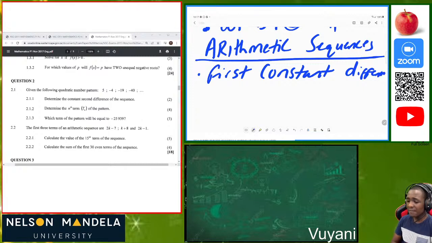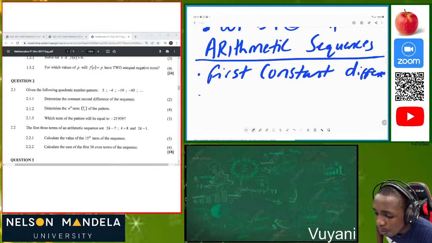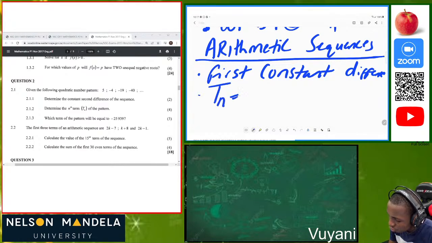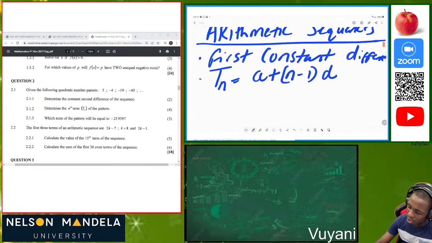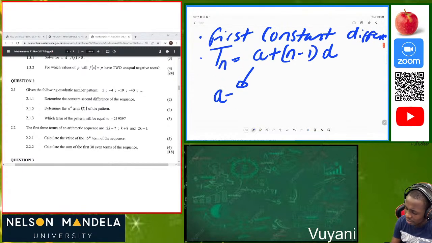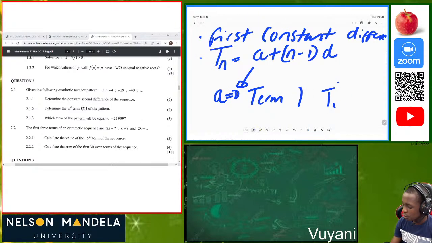So now, since they have the first constant difference, how do we calculate the general form, or the general term, or the nth term? We calculate it by saying Tn is equal to a plus n minus 1 multiplied by d. So now someone will ask me, what is a? A is equivalent to your term number 1, which is your first term on that sequence which you are given.